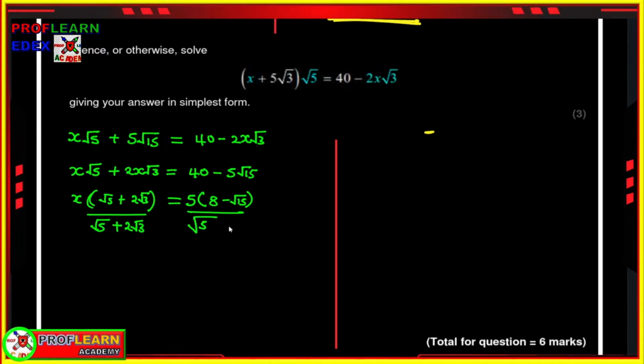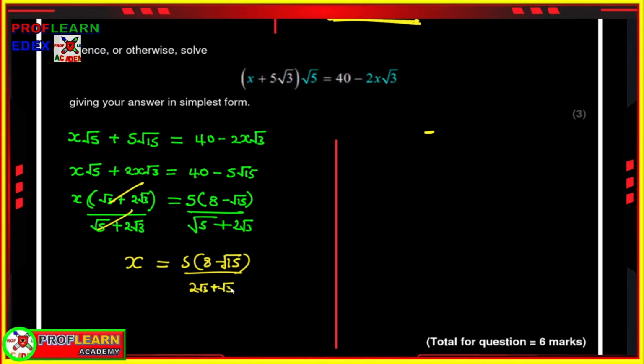Now something I need to make you aware of: we are going to remain with our value of x that we are solving, and this is going to be 5 into (8 minus root 15) over (2 root 3 plus root 5).